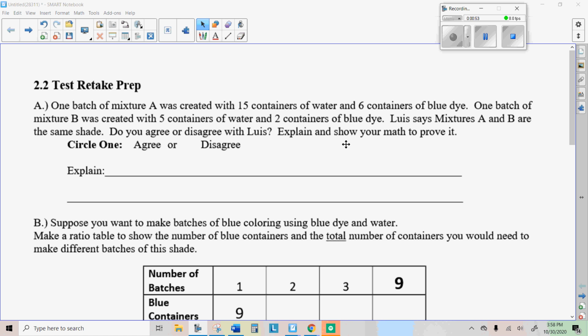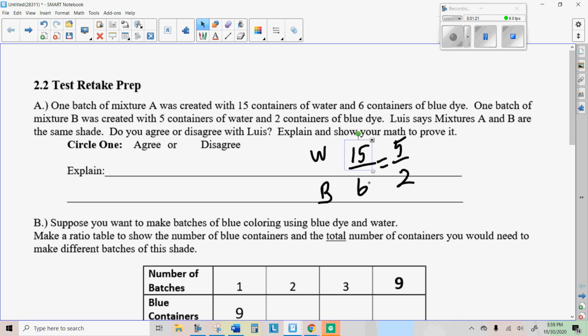then the ratio of the containers of water and the containers of blue dye should be the same. So let's just check that out. In the first batch, we have 15 water, 6 blue. The second batch, we have 5 water and 2 blue. Now if these are proportional, then they should be equivalent ratios.